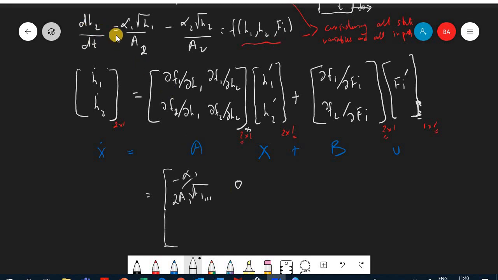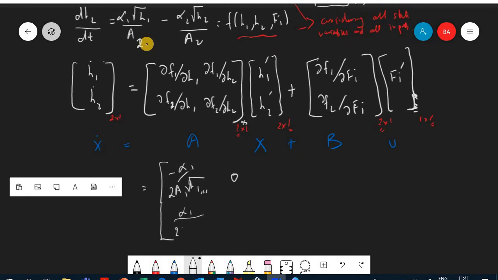What about df2? This is my second function, right? So df2 by dh1 is exactly the same, except that I have alpha 1 over 2A2 into the square root of the height at steady state.